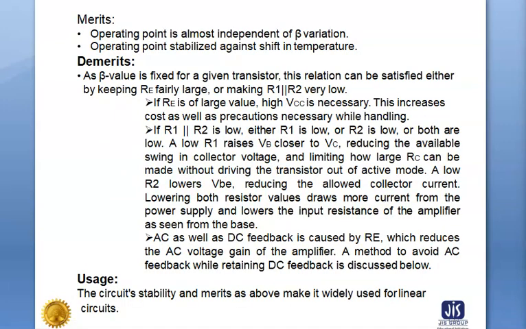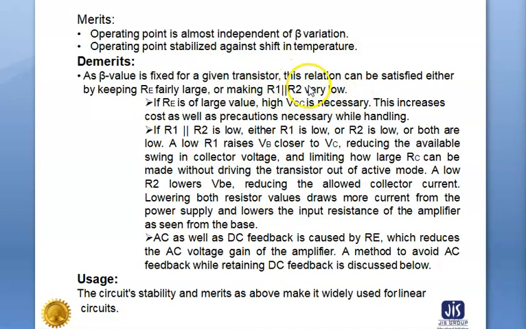Now the advantages of voltage divider transistor biasing. Here the operating point is almost independent of beta variation, and another merit is that the operating point is stabilized against shift in temperature. And in demerits, as the beta value is fixed for a given transistor, this relation can be satisfied either by keeping RE fairly large or making RB1 and RB2 very low.